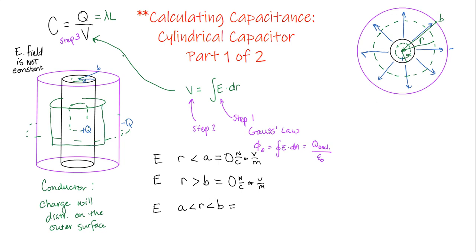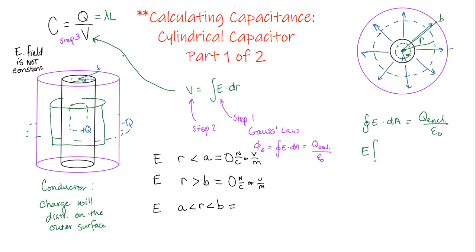It doesn't actually exist. We're just using that to figure out the flux. So what we're going to say is that on that Gaussian surface, where we have chosen it to be, the electric field is constant everywhere along that surface.